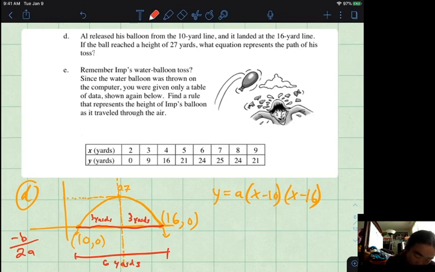So that means this point has to be 13. I can write that a little bit better. Okay, that should be 13. And then you know it went at 13 yards, it went 27 yards high.